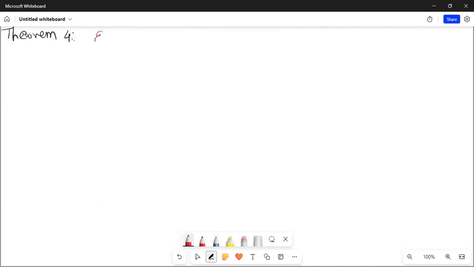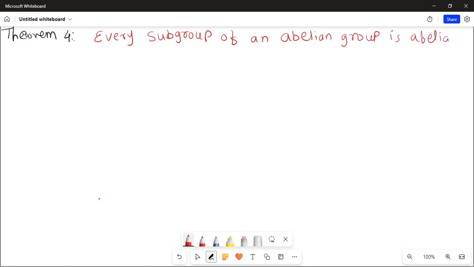Every subgroup of an Abelian group is abelian. So प्रूफ में देखो, ये 2 और 3 लाइंस का प्रूफ है, बहुत इजी है.